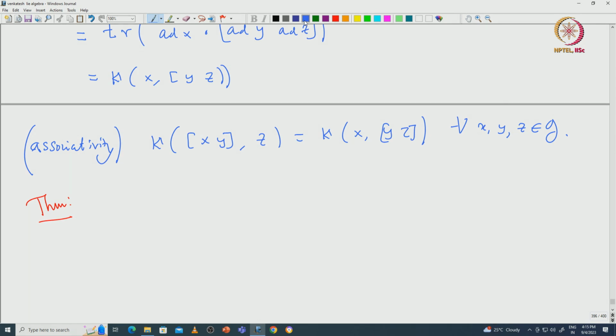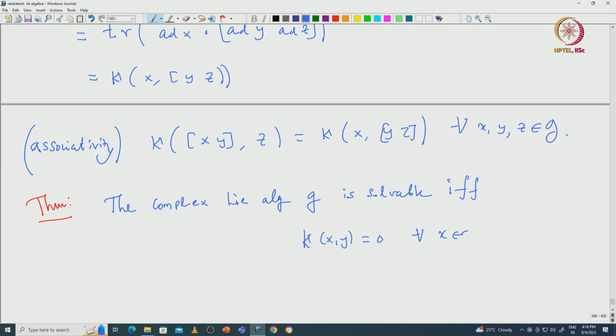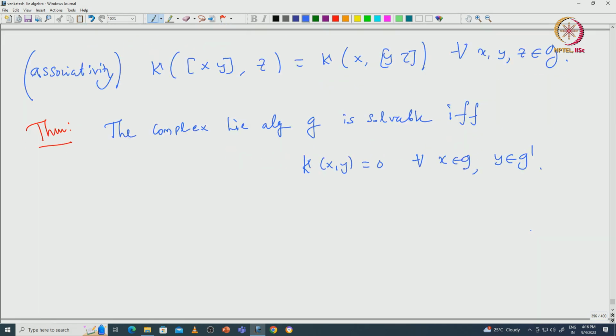We say the complex Lie algebra g is solvable if and only if kappa of x comma y is 0 for all x in g and y in g dash. This is a very strong condition for being solvable.